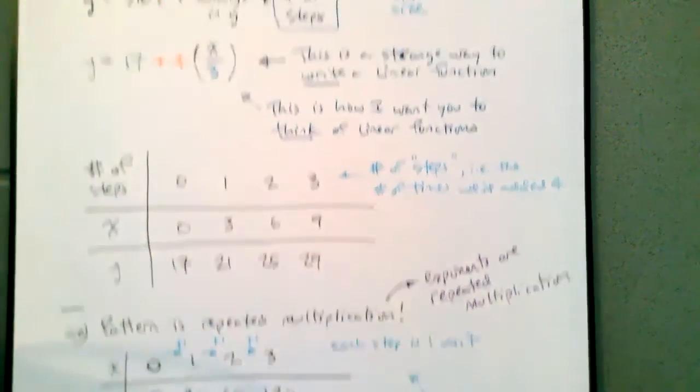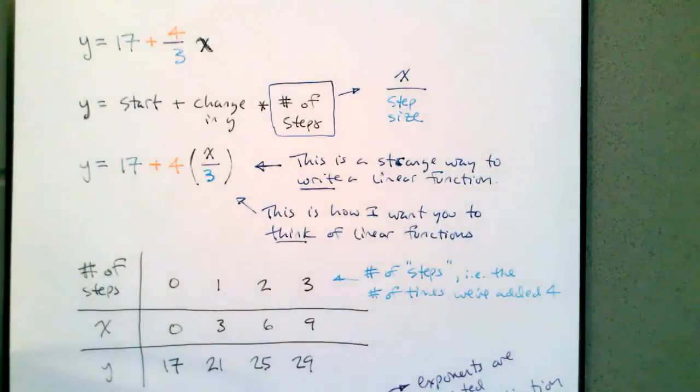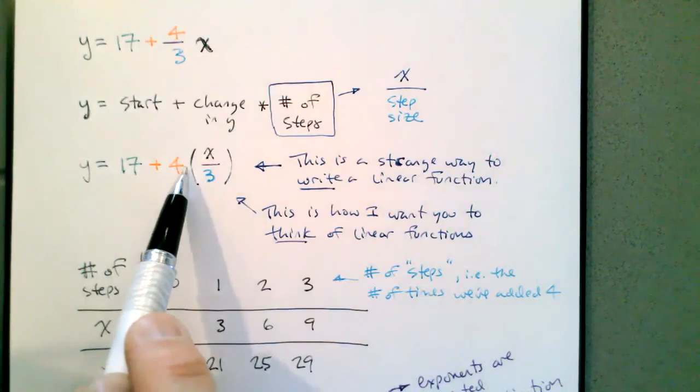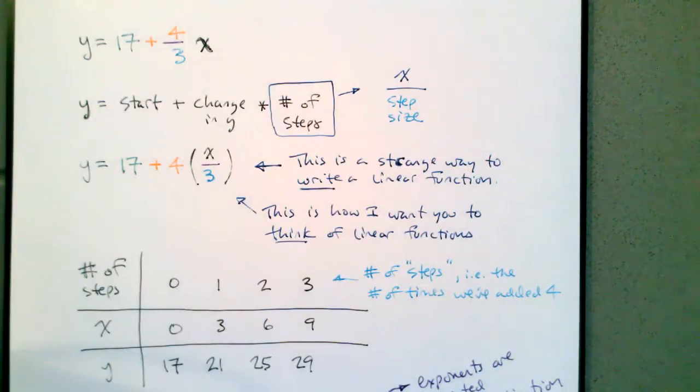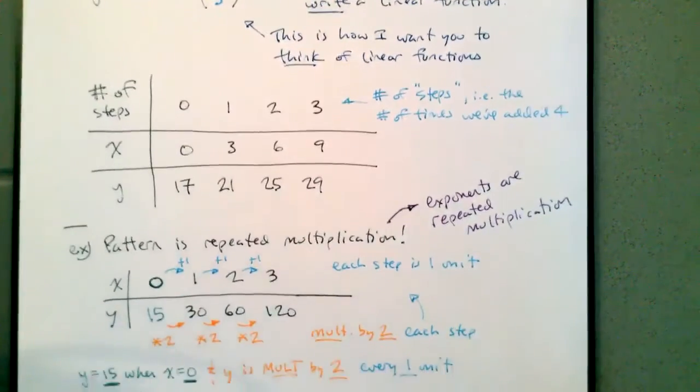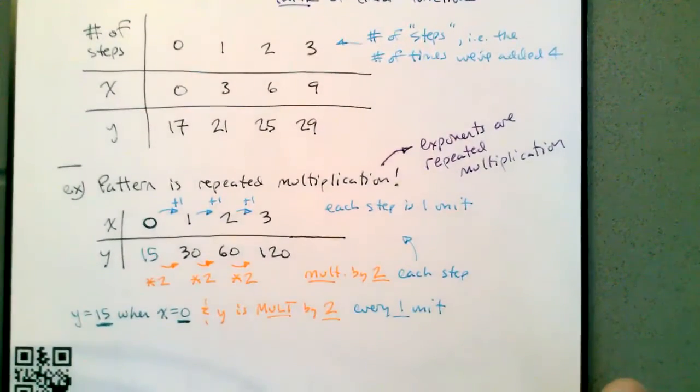So where we add 4, the repeated operation is multiplication. We can read this equation as start at 17 and add 4 a bunch of times, because we say times x over 3. The repeated operation in an exponential function is going to be exponents.